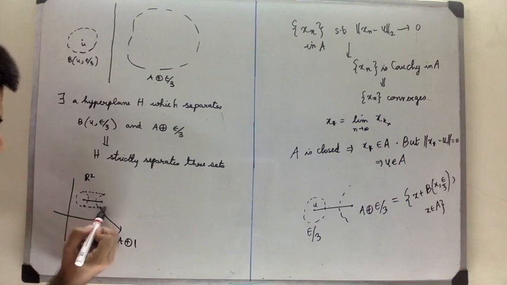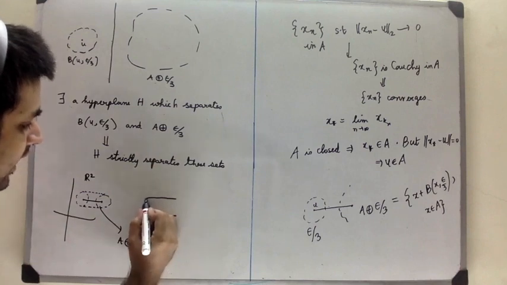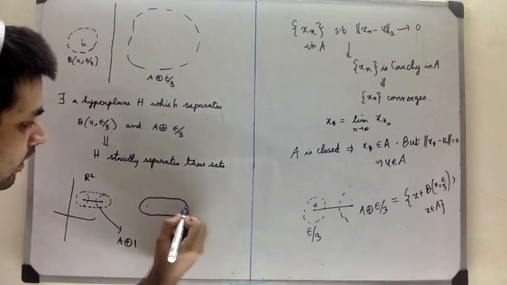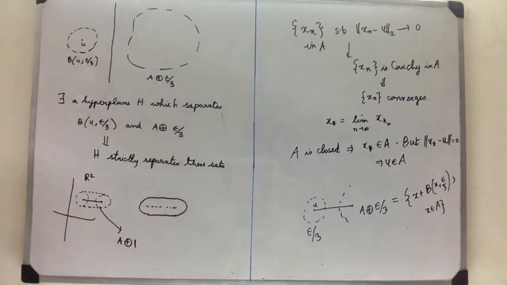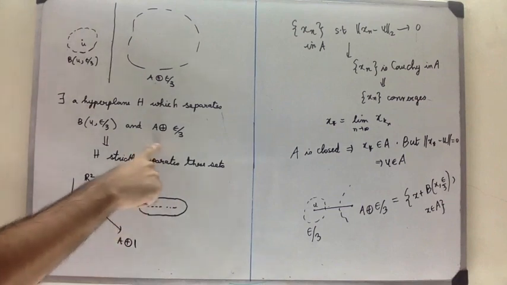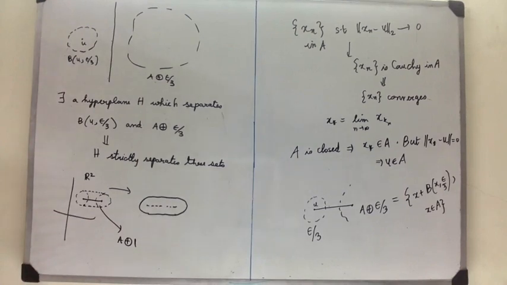You finally end up with a cylinder-like thing. These were the original endpoints. So this is just an explanation for what adding epsilon/3 to a set means. So we have finally proved our second separation theorem.